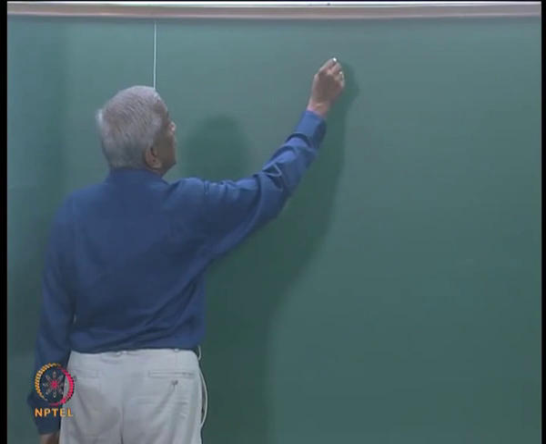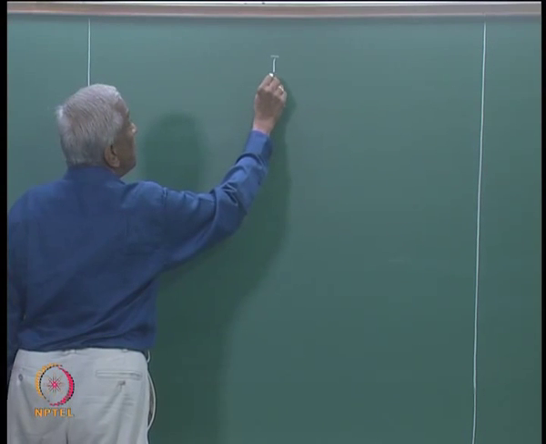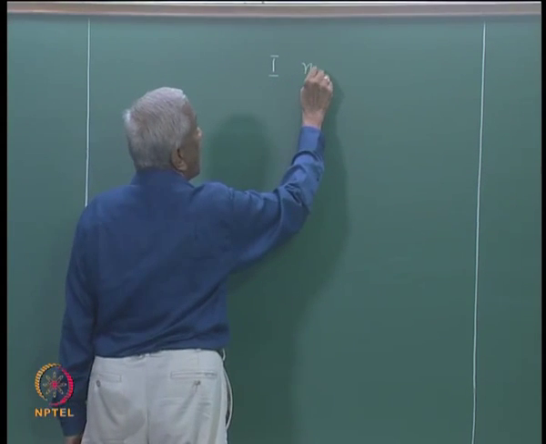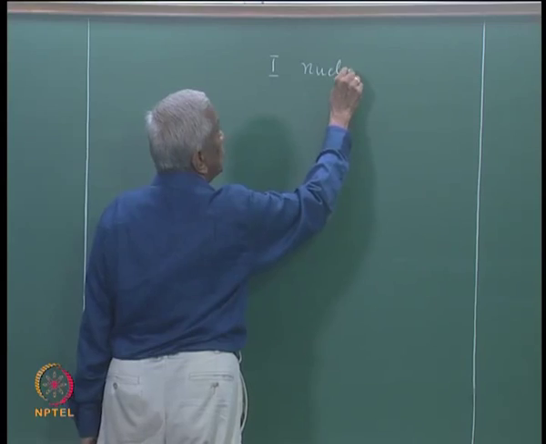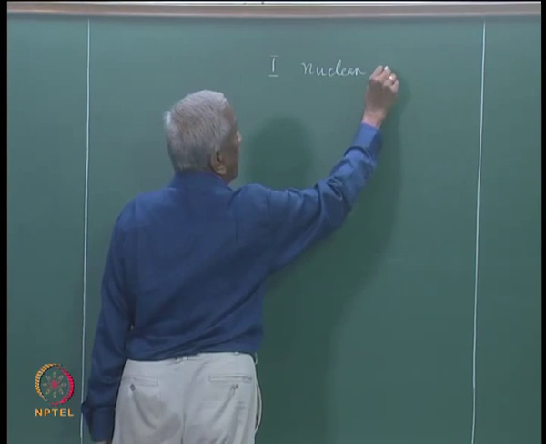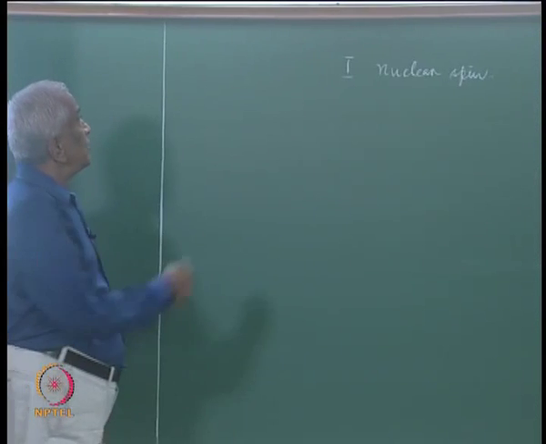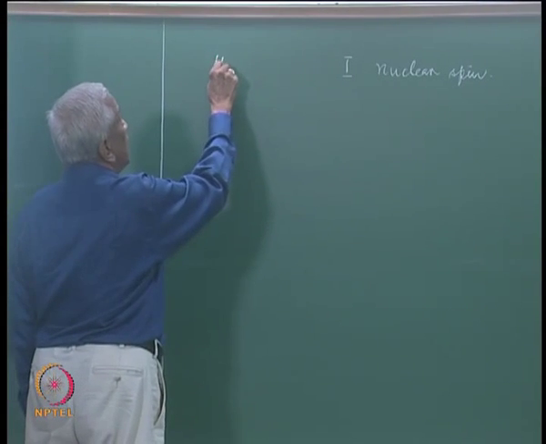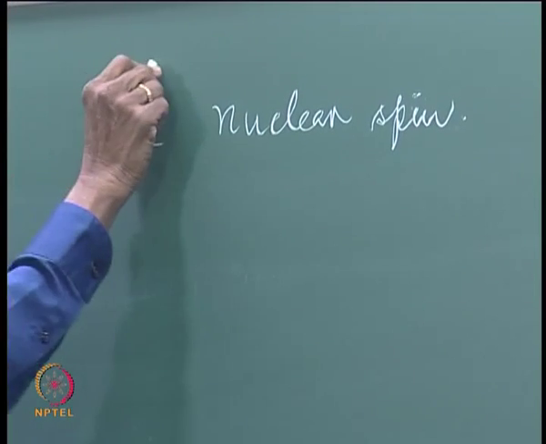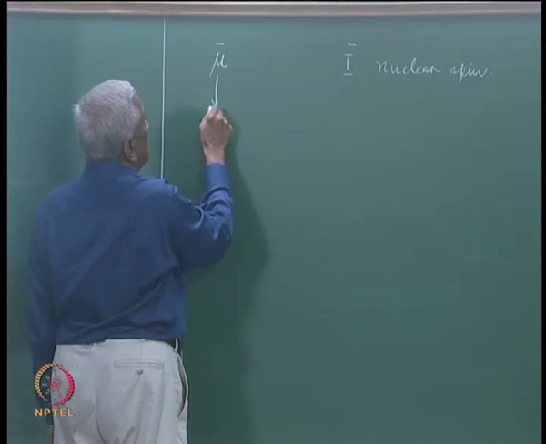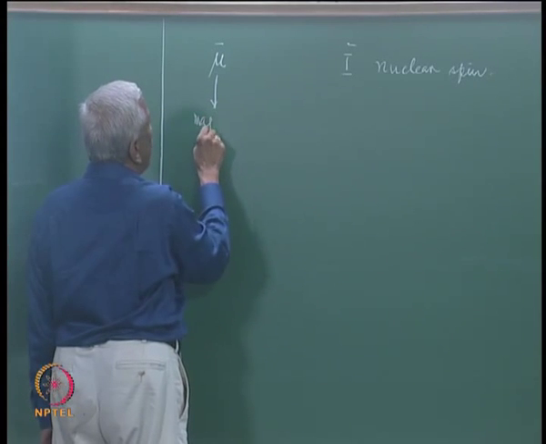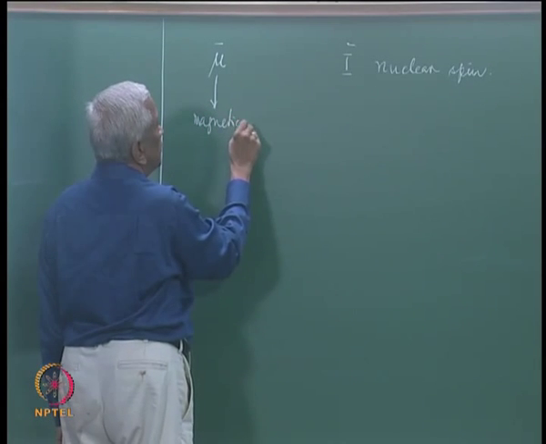If I is the spin angular momentum, so it is the nuclear spin, there is associated with this a magnetic dipole moment mu.